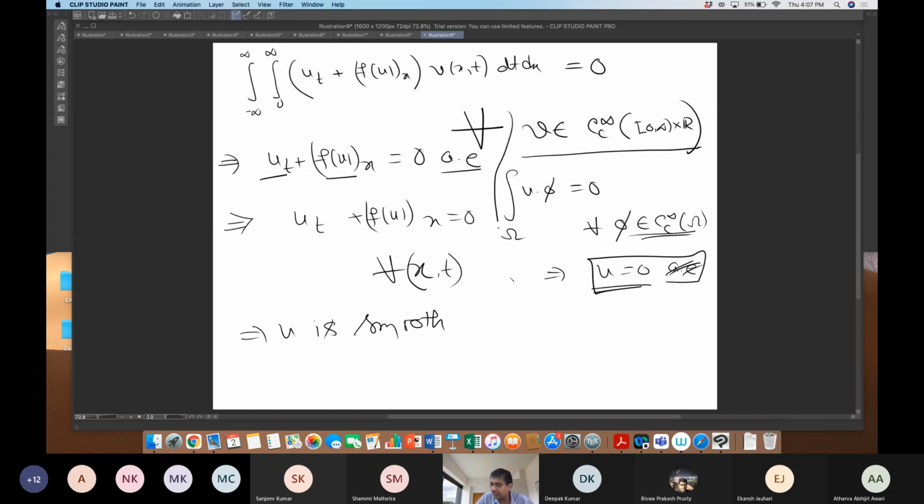Have you studied this property in measure theory? If the integral of u times phi equals 0 for every C_c^infinity function, then u equals 0. So this is an exercise, you try. If u is smooth, then u is a classical solution.